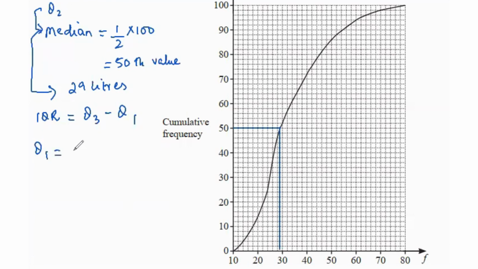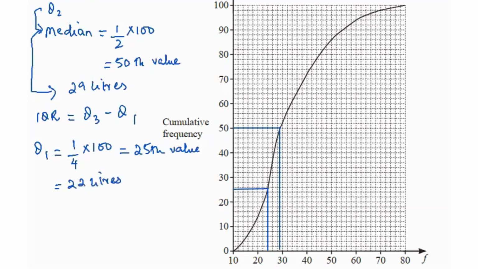That's going to be 1/4 of 100, which is 25. The lower quartile is the 25th value, which is 22 liters.